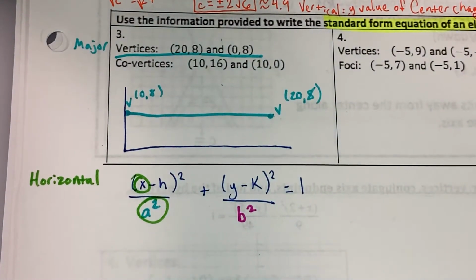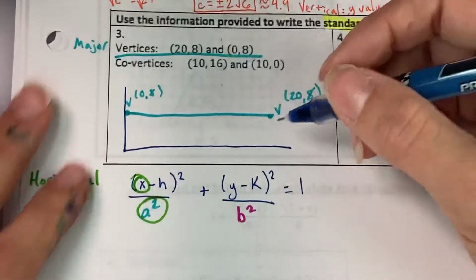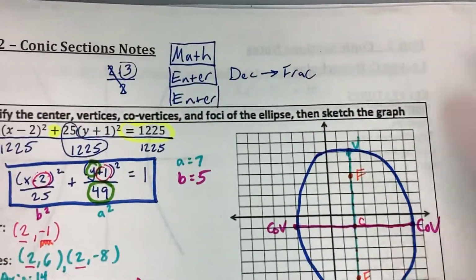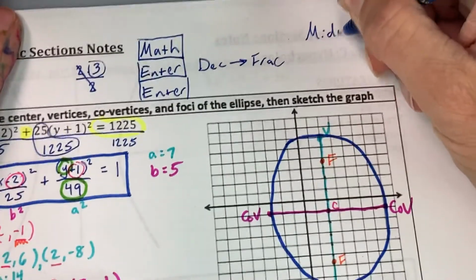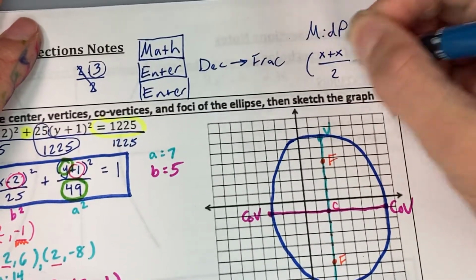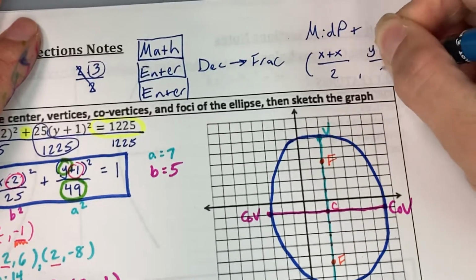Now, to find out what our center is, we can use that midpoint formula that we talked about in the practice set. And in case you didn't write that down in your notes, I'll go ahead and write it above here. Midpoint is x plus x divided by 2 and y plus y divided by 2.